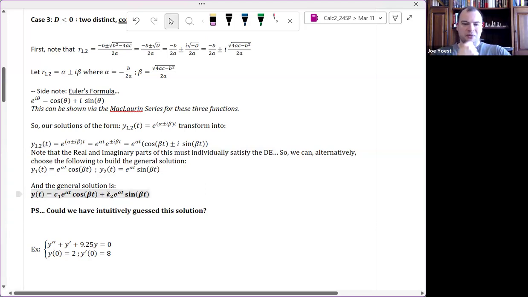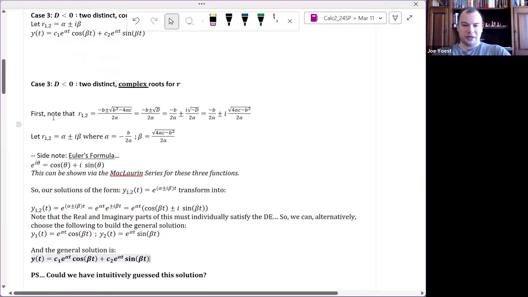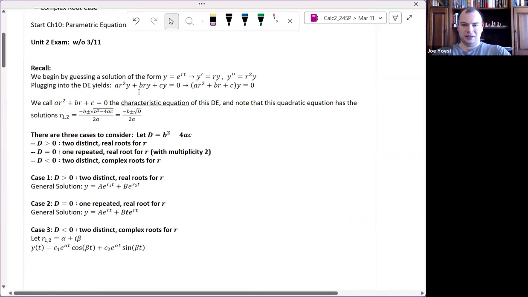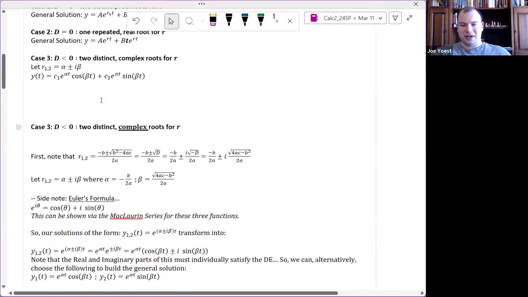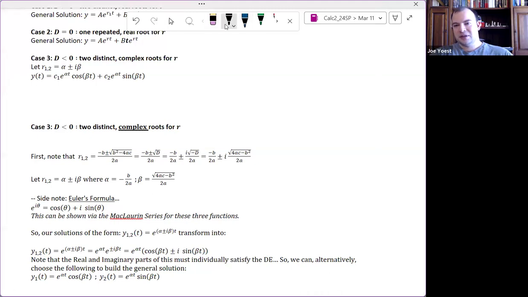So I want a real solution. Well, I actually don't have the formula written out here. Let me write it. It was ay double prime plus by prime plus cy equals 0, looking for y of t. All of this is real. I want solutions that are real.